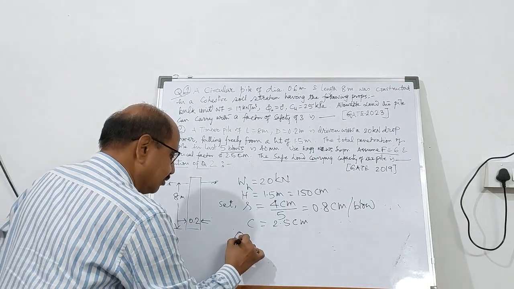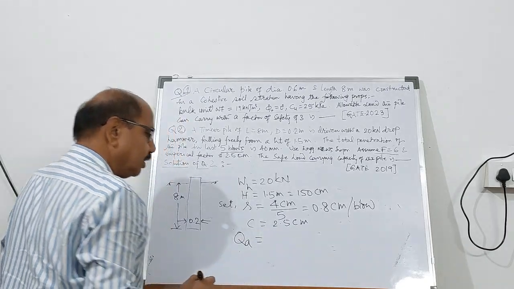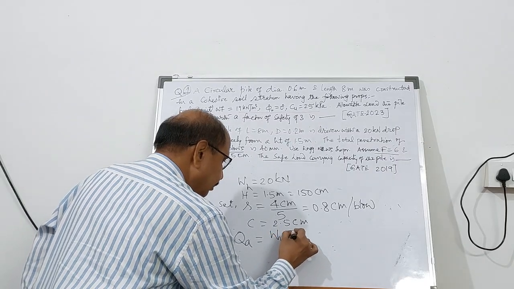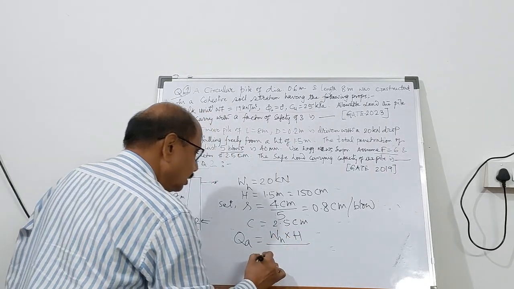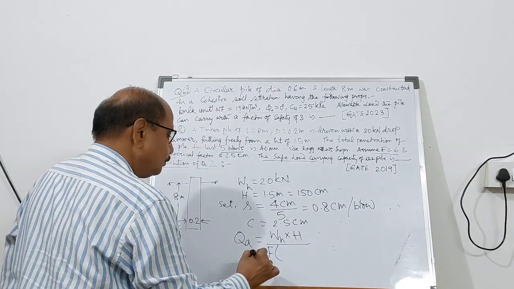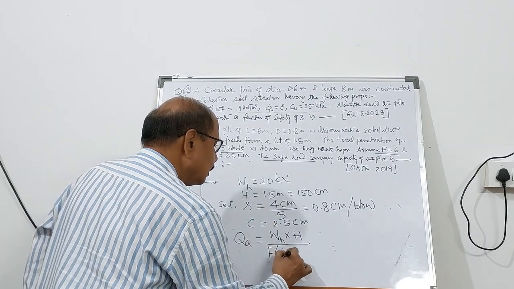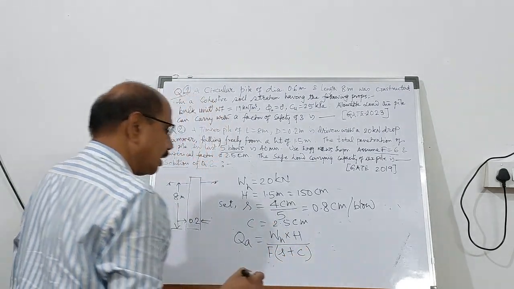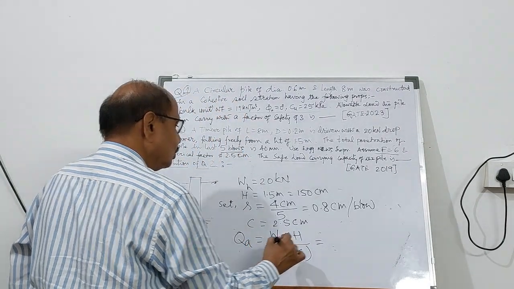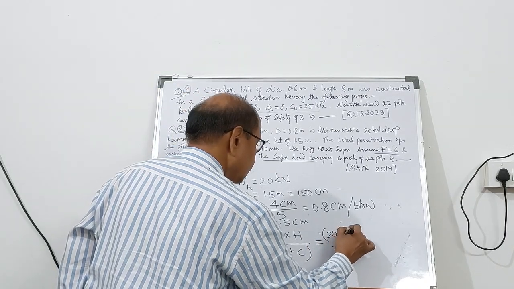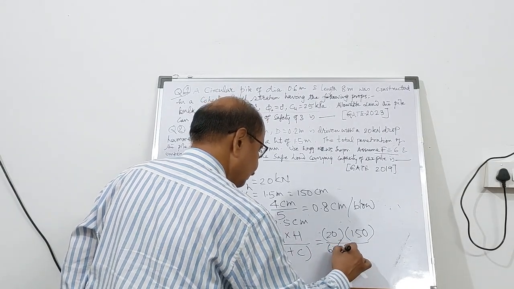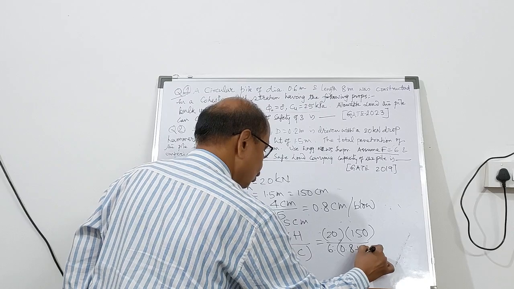You need to calculate the safe load carrying capacity of the pile. The safe load carrying capacity QA in kilonewton will be the weight of the hammer multiplied by the height of fall, divided by the factor of safety into the set plus the empirical constant. If you substitute all the values, this becomes 20 kilonewton, height of fall 150 centimeter, factor of safety 6, and 0.8 plus 2.5.